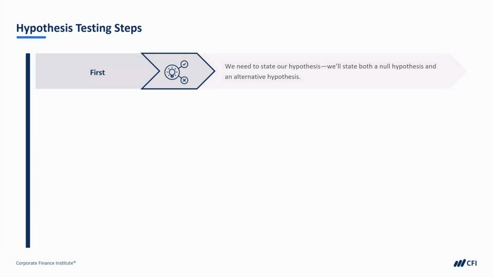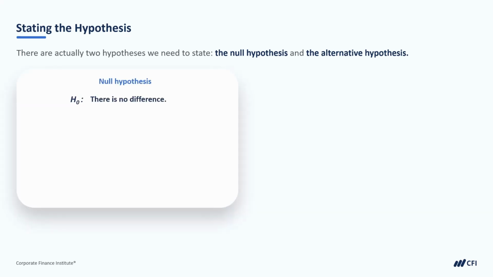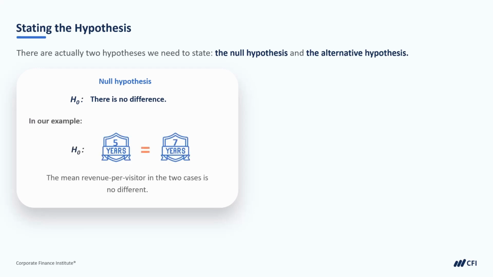Our first step is to state the hypothesis that we want to test. And there are actually 2 hypotheses that we need to state: the null hypothesis and the alternative hypothesis. Identifying our null hypothesis is simple. The null hypothesis is always that there is no difference, and it is often represented by H0. In our example, the null hypothesis would be that there is no difference between the 5-year and 7-year warranty.